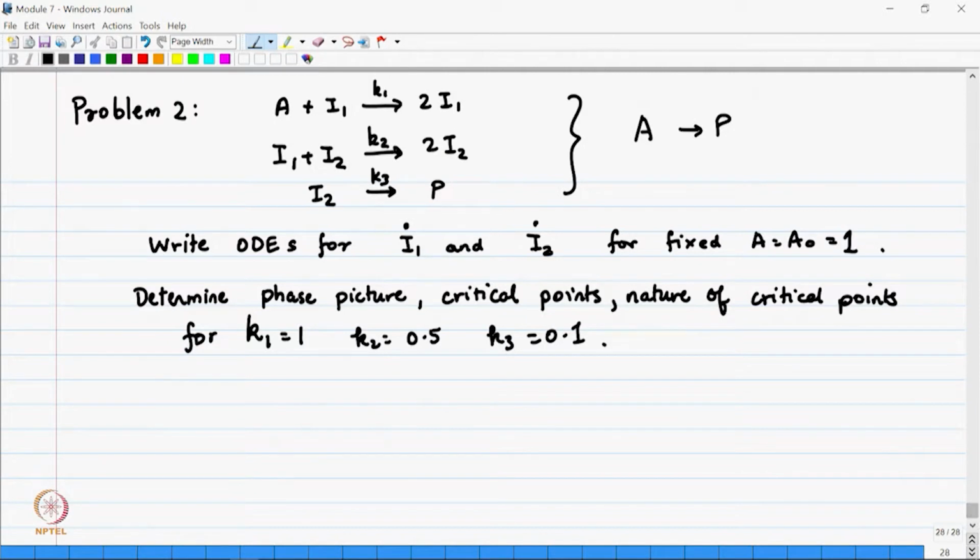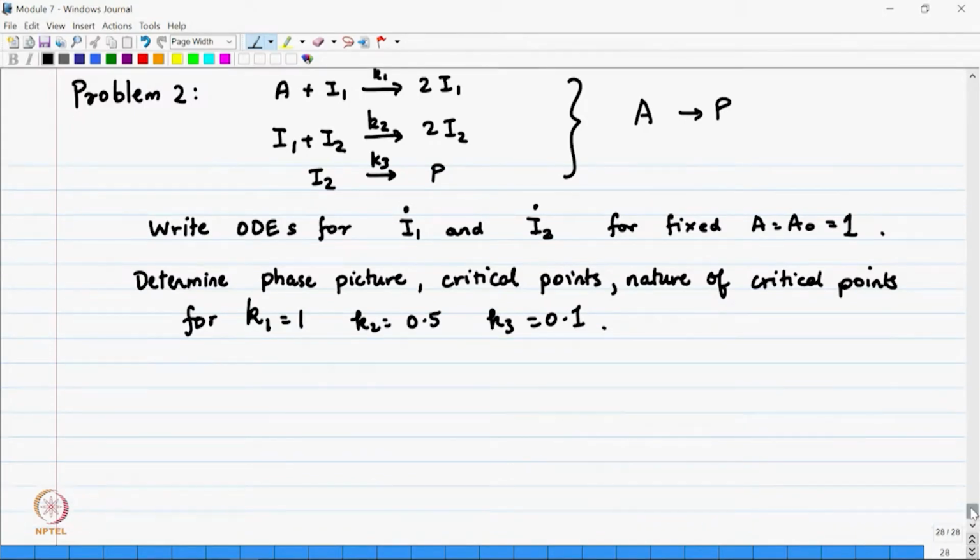So, I have asked you to write the ODEs for I1 dot and I2 dot for fixed A equal to A0 equal to 1, and then you determine the phase picture, critical points, and nature of critical points for this problem. So, this is fairly straightforward.